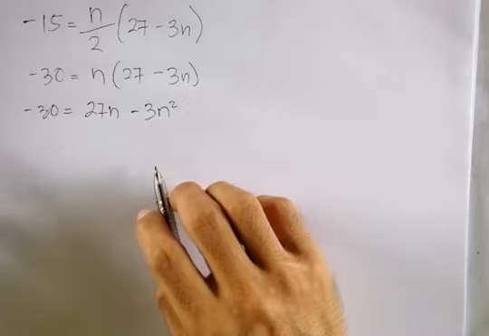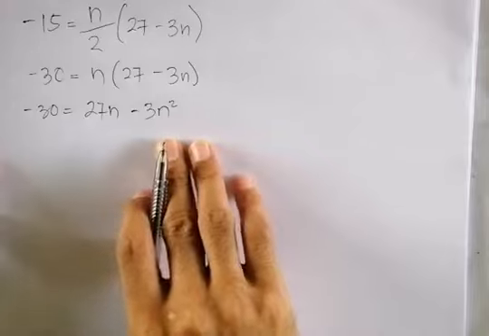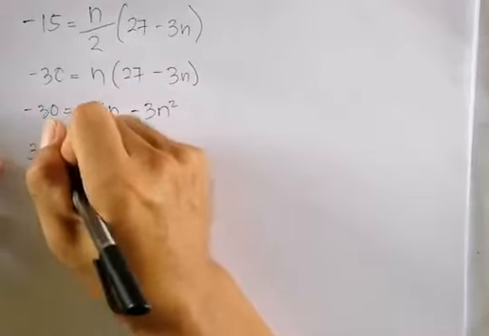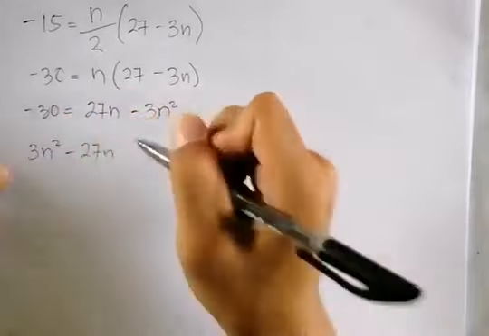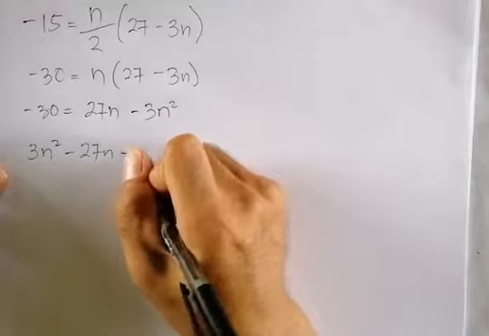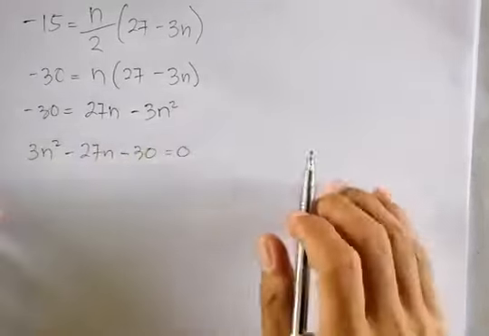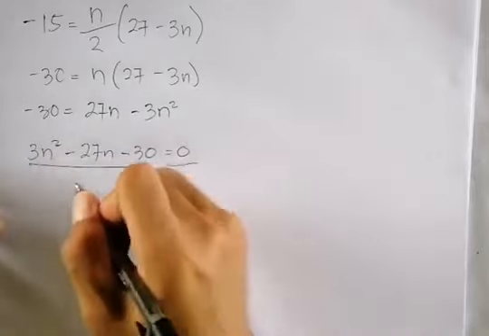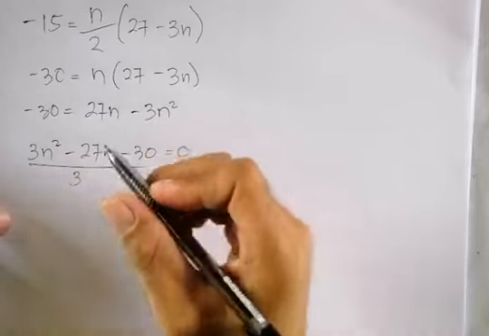Then the next thing to do is to transform the equation into standard form. So we have positive 3n squared minus 27n minus 30 is equal to 0. Then divide both sides of the equation by 3 so that it's easy for us to factor the equation.